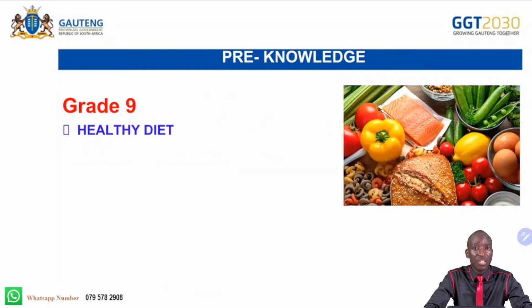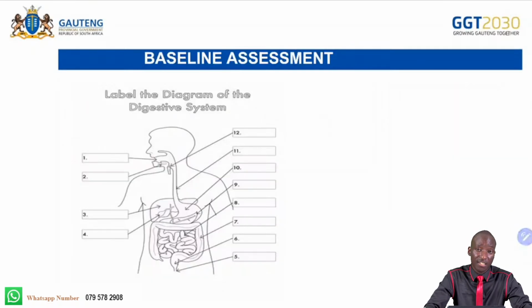With that information, we can now easily start by answering the baseline activity, which is given in the form of a digestive system diagram. You have to label the parts so that you are able to recall everything that we discussed under the digestive system.